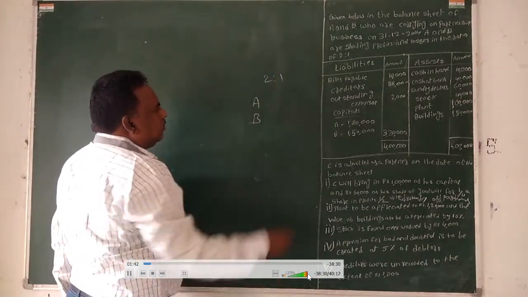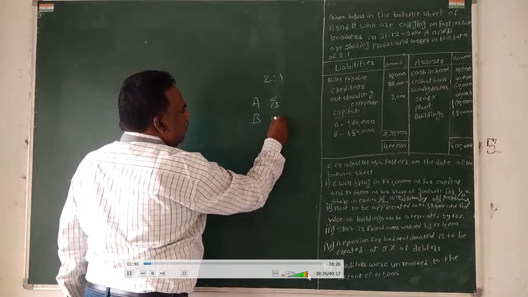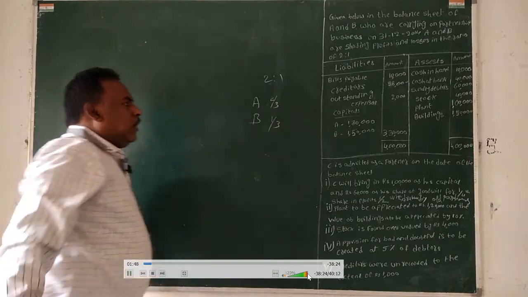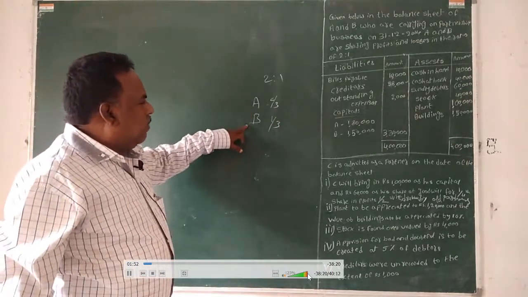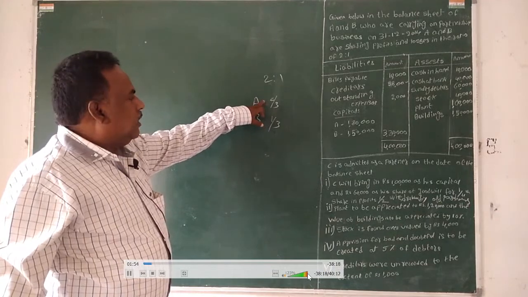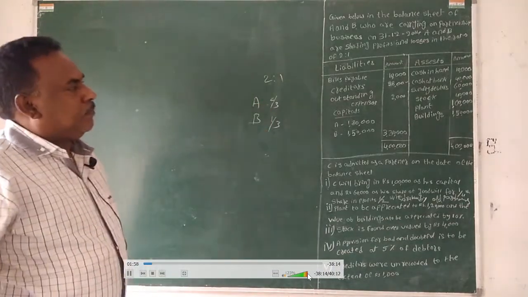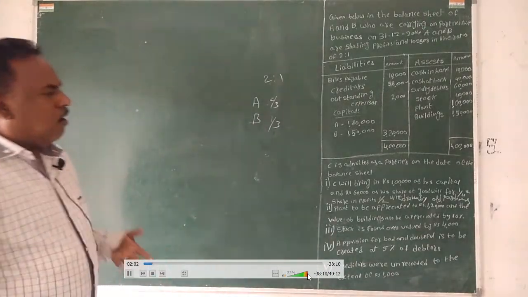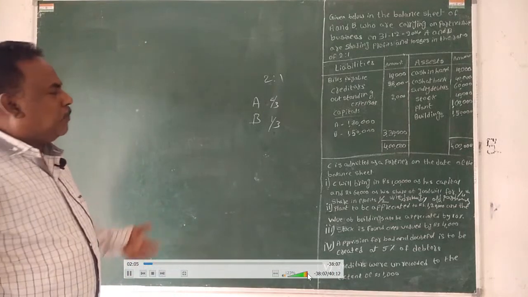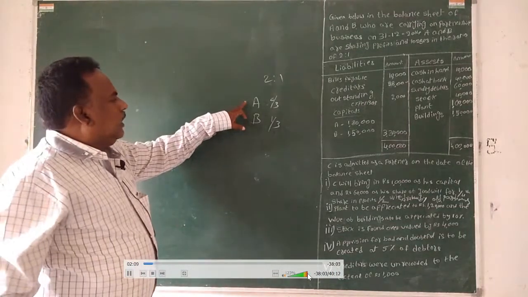Profits will be distributed between A and B according to the old profit sharing ratio, that is 2/3 and 1/3. This is the balance sheet of A and B.